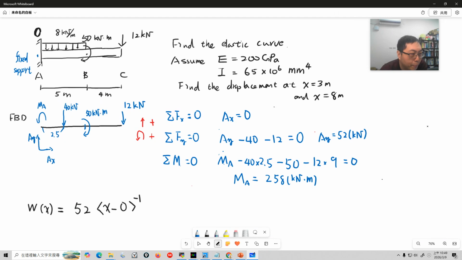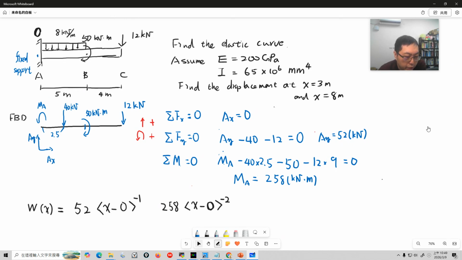Don't forget, at position A we also have the concentrated moment MA, which is 258 kilonewton times meter. Its position is also at 0, and its power is minus 2.